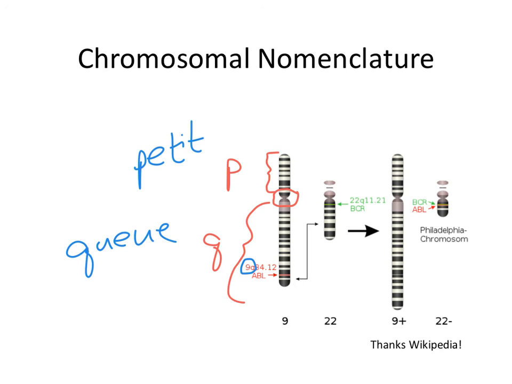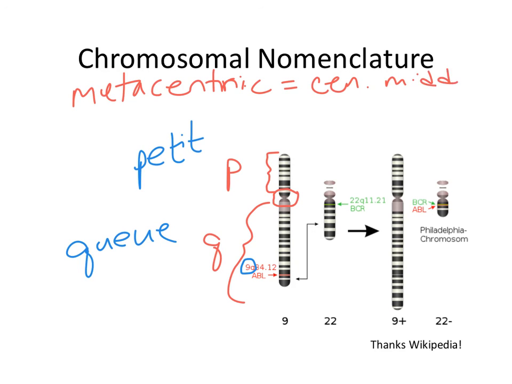If the centromere is in the middle, it's a metacentric. Metacentric. Centromere in the middle. If the centromere is off to one side, it's either submetacentric or if the centromere is really towards one end of the chromosome, it's acrocentric.